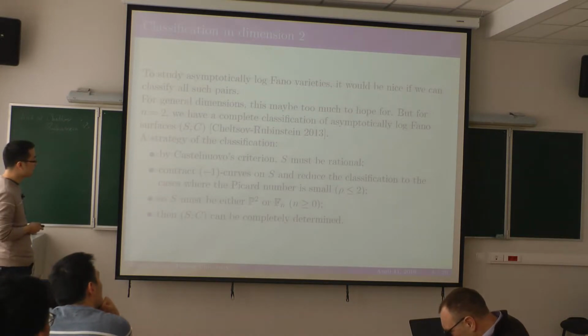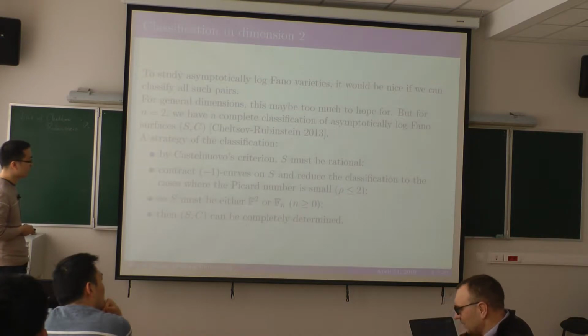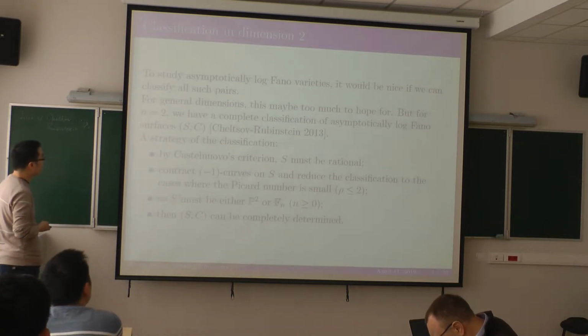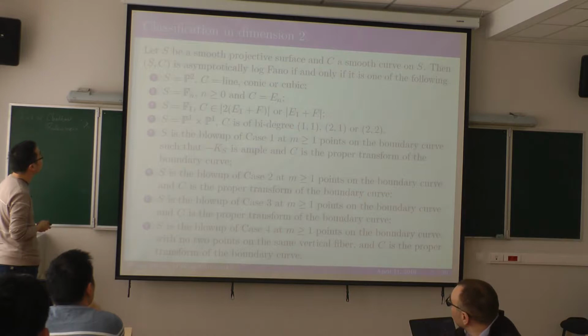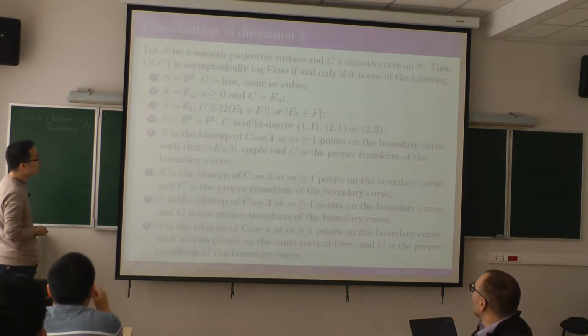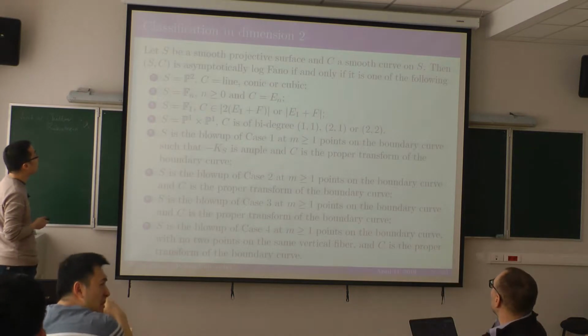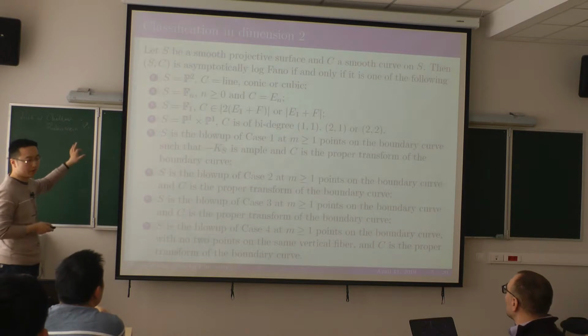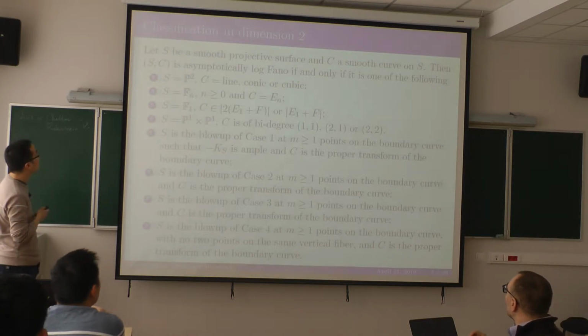Then if we reduce the problem to these simple surfaces, we can completely determine the boundary curve. Following this strategy, they showed that we have such a classification. Actually, in their paper, they also considered the case where C has several components, and they have a very long list of classification. But here, for simplicity, I just assume C is a smooth curve.